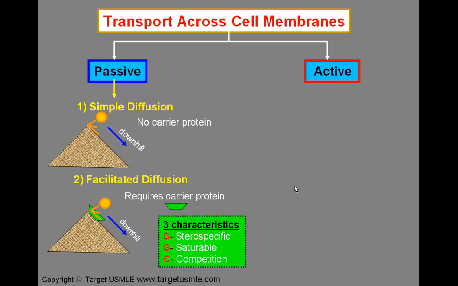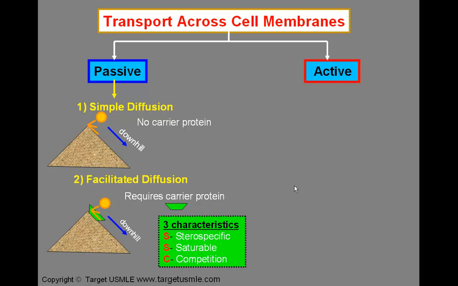The presence of the carrier protein makes the diffusion facilitated. In fact, it is more rapid than simple diffusion. An example would be the GLUT transporters in the adipose tissue and skeletal muscle, causing increased uptake of glucose from the outside environment to the inside of the cells in the presence of insulin.